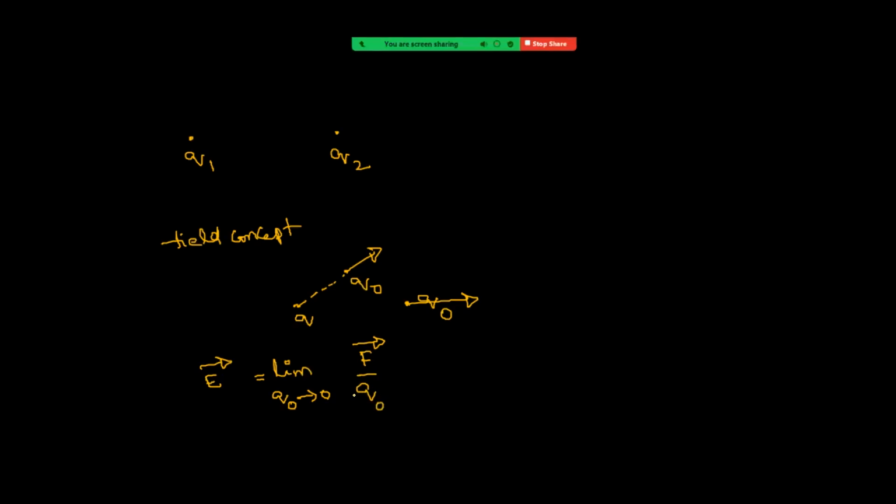So first understand what is the meaning of this. So here we have taken one special case like field due to one charge. Okay. But remember that field can be due to any number of charges.